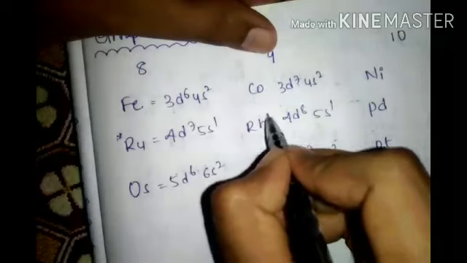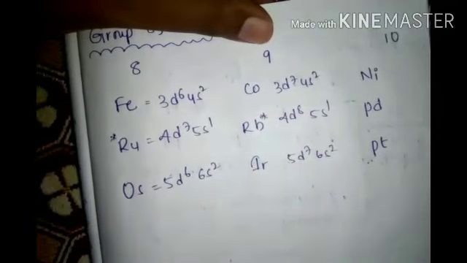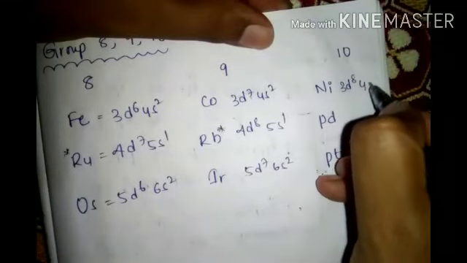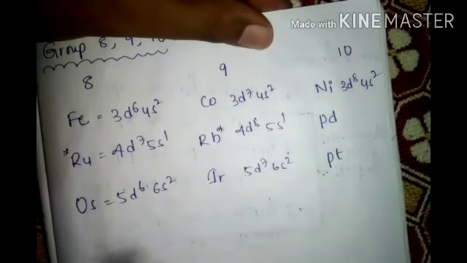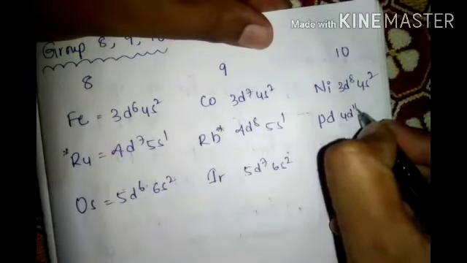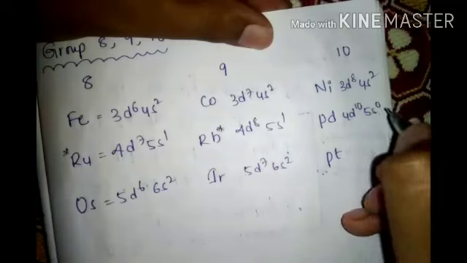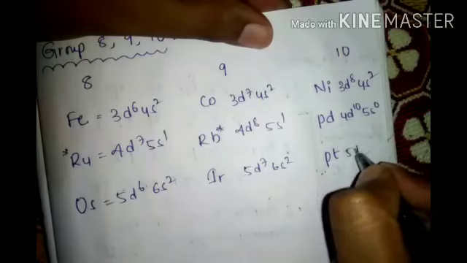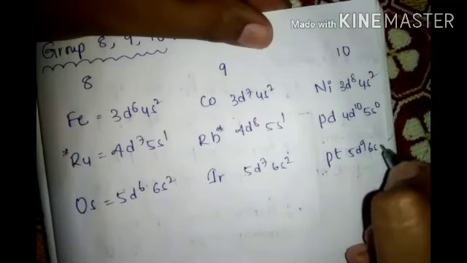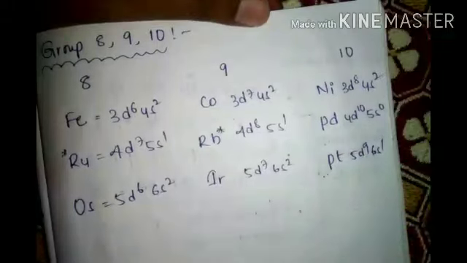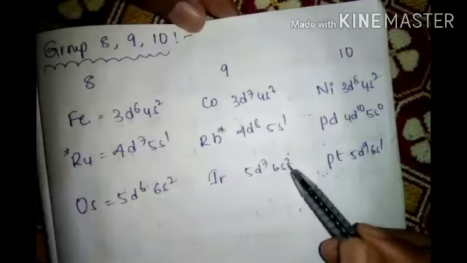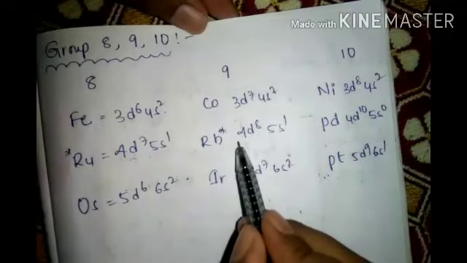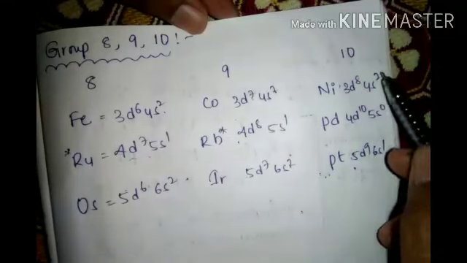Rhodium and ruthenium are both different. Nickel is 3d8 4s2, palladium 4d10 5s0, platinum 5d9 6s1. Here the first and last are the same, but the middle one is different.